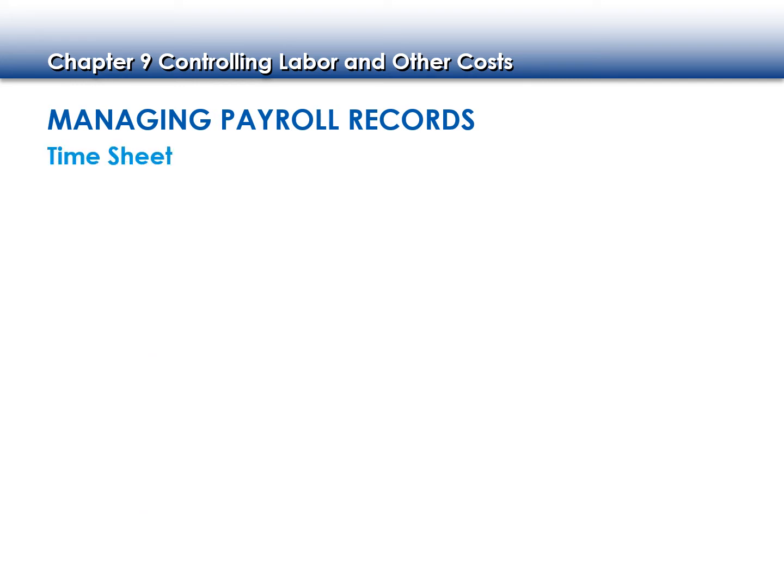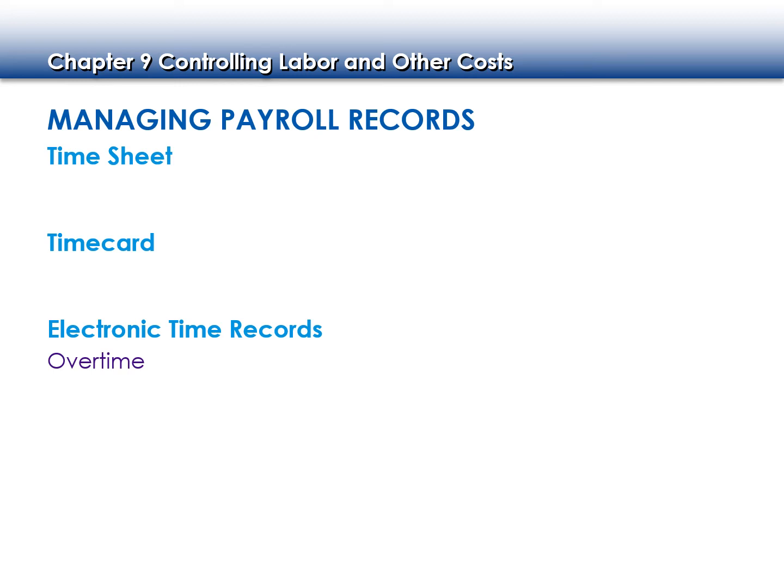As far as our payroll records, we have timesheets, we might have a time card, or we might even have electronic records. A timesheet is just a piece of paper where somebody writes their name and when they came in, when they left, and how many hours. A time card is where someone actually punches the clock.